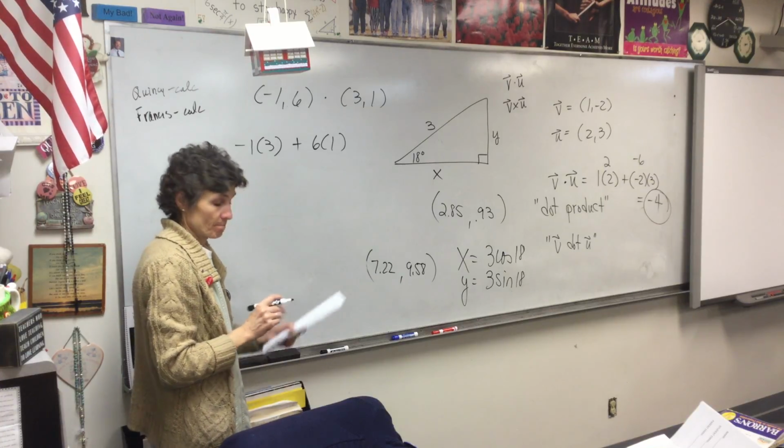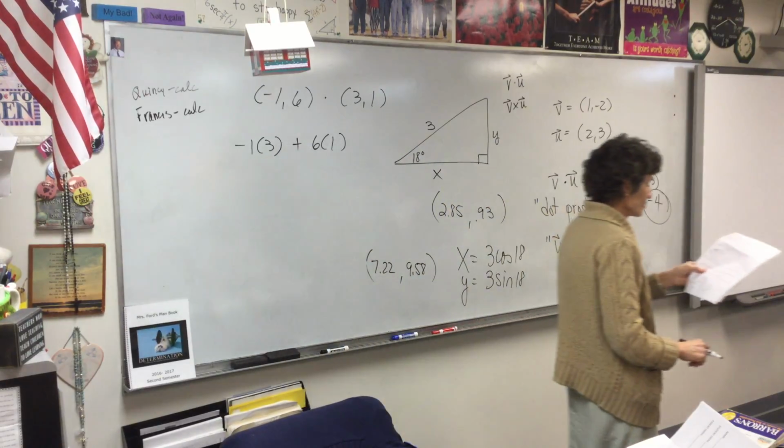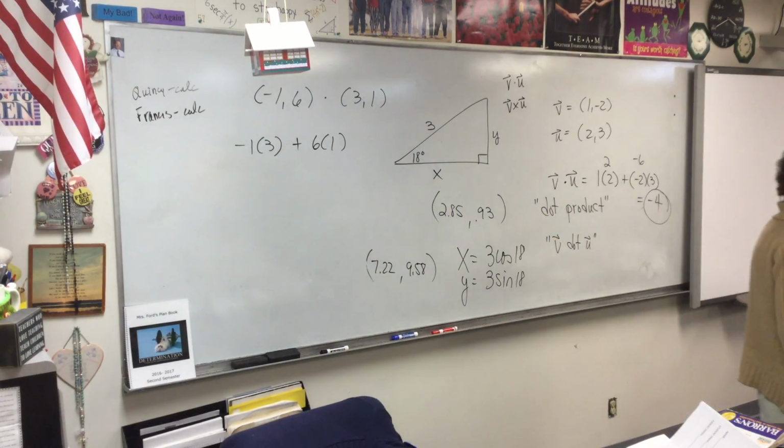Got it? All right. What's C? What's the answer to C? Negative 2 plus 0, which would just be negative 2. And the answer to D? 0 plus 24, so it's just 24. So x times x, y times y, add them up. That's called the dot product.